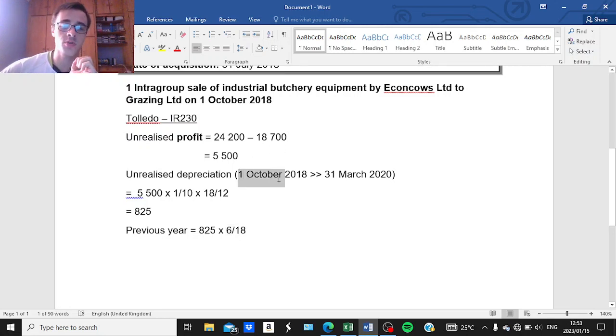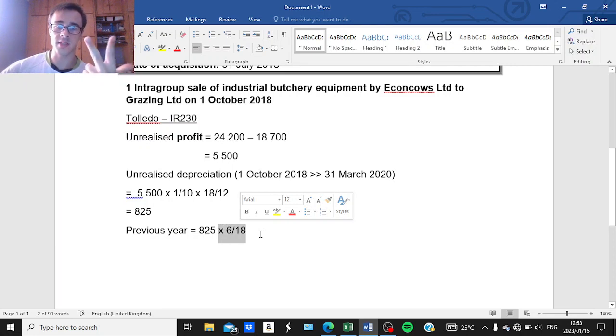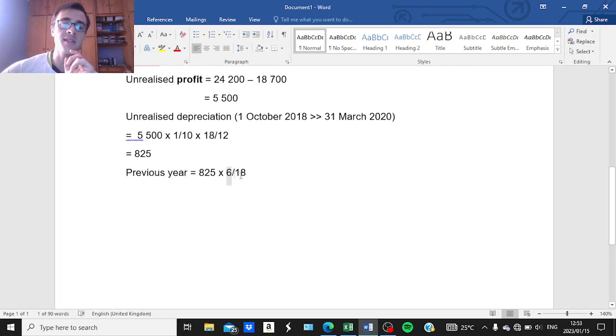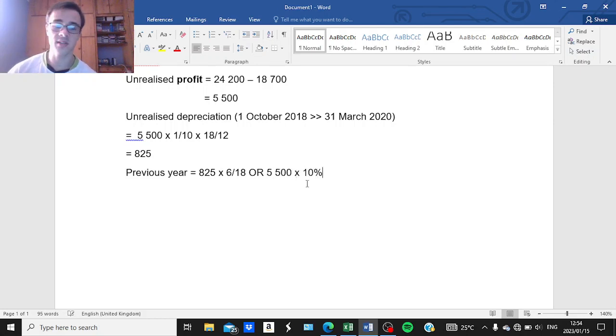So from the 1st of October 2018 to the 31st of March 2019, the end of the previous year, it will be a total of 6 months: October, November, December, January, February, and March. Okay, that is why we use 6, and then 18 is used because this amount right here relates to 18 months.